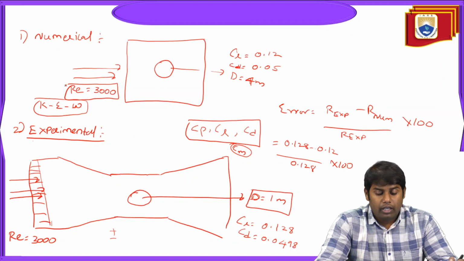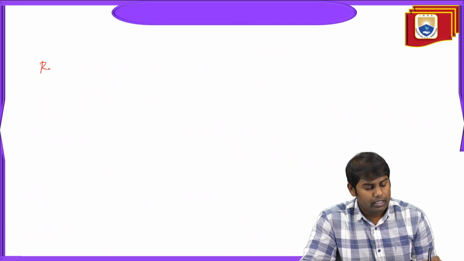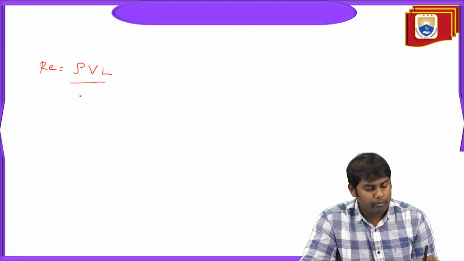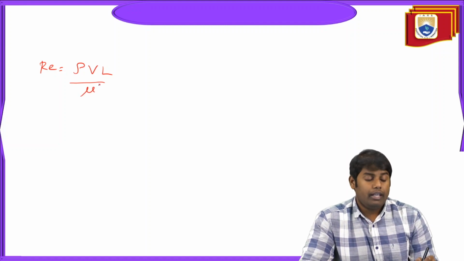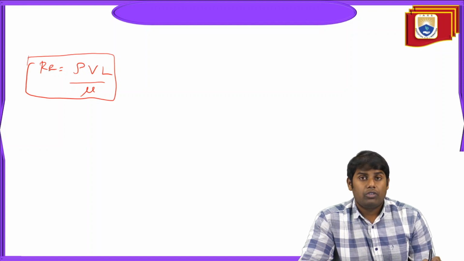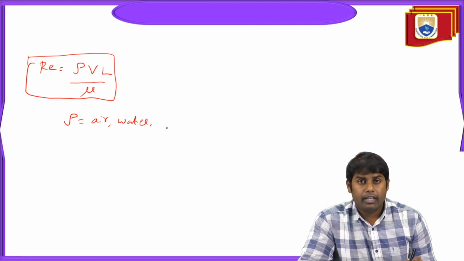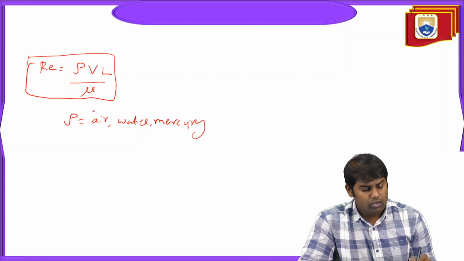Why? Because in the Reynolds number, Re is equal to rho V L by mu. Here there might be different questions. What are those questions? If I vary the density, rho, which is for air, water, let's say mercury, what happens?